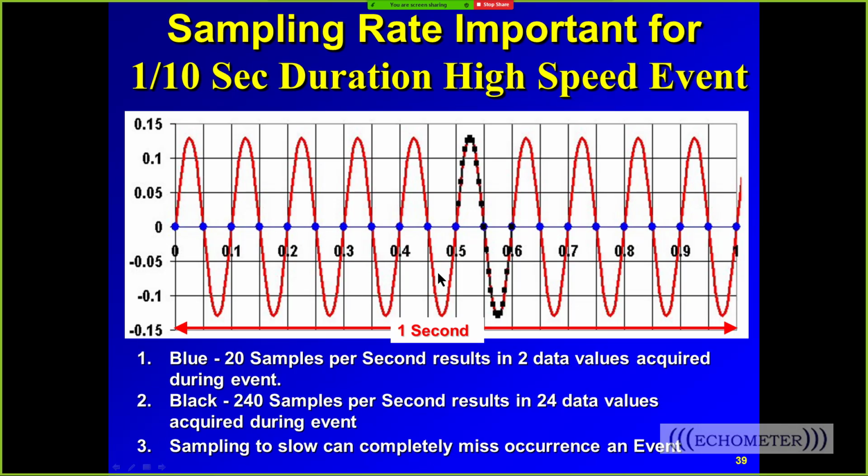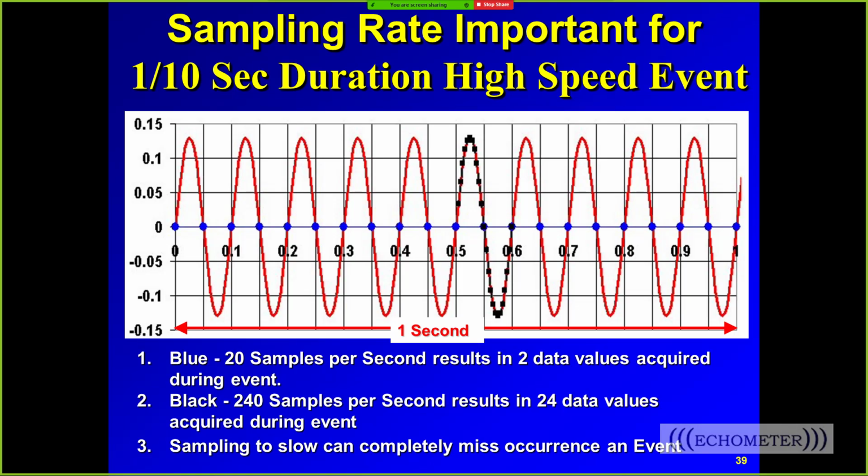But if you sample 240 samples a second, you get 24 points over the entire 1/10 of a second. So if you have a sudden event that takes a very short time to occur, you sometimes have to increase your sampling speed to see it.